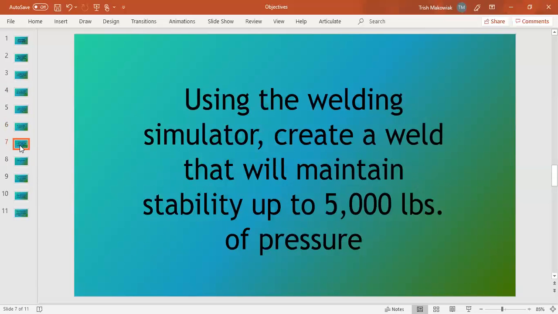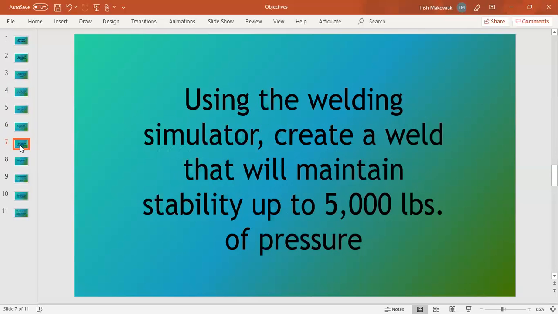Using the welding simulator, create a weld that will maintain stability up to 5,000 pounds of pressure. Is this an objective? I think so. Yeah, very good.